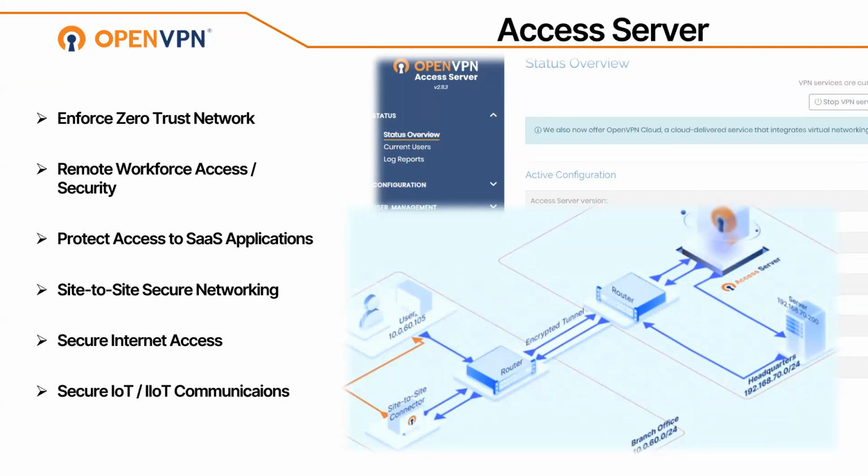Some of the features of Access Server, if I want to summarize it: easy to install, set up, and manage through an easy to use web admin or web portal. Flexible deployment options, availability on cloud marketplaces. Pretty much you can find Access Server on all the major cloud marketplaces. It supports both site-to-site and remote access virtual networking.